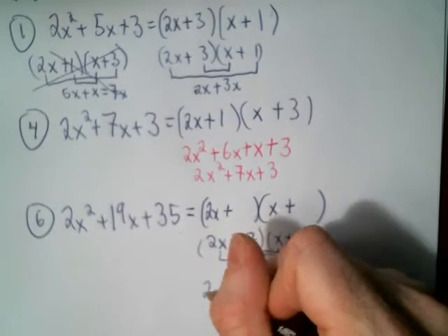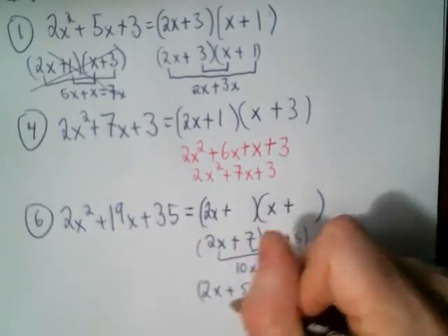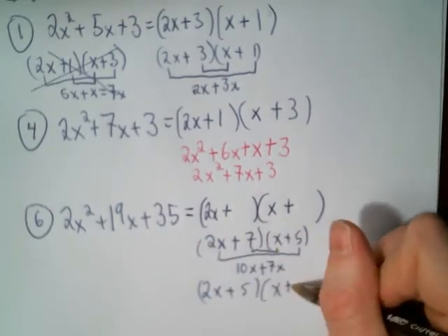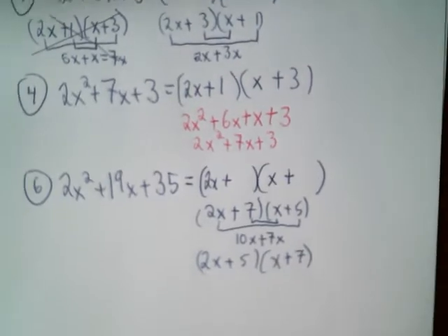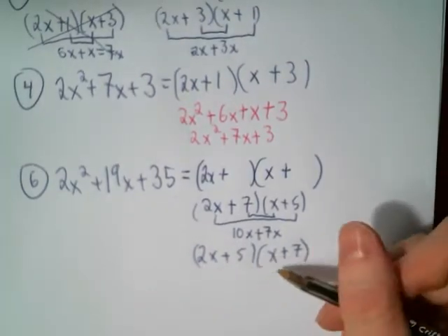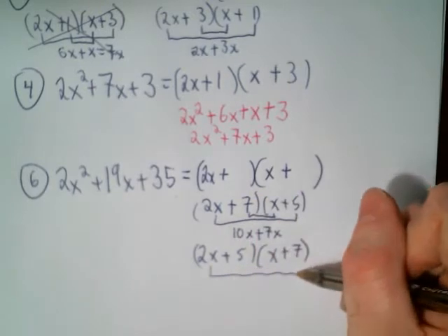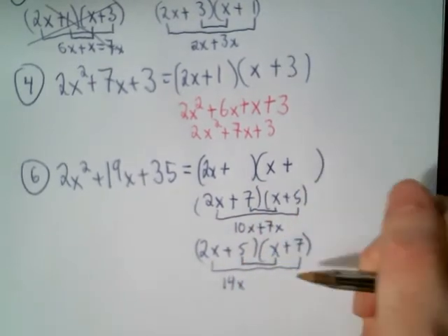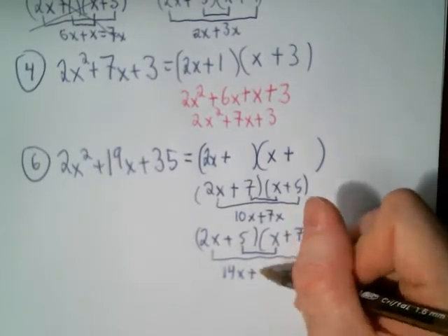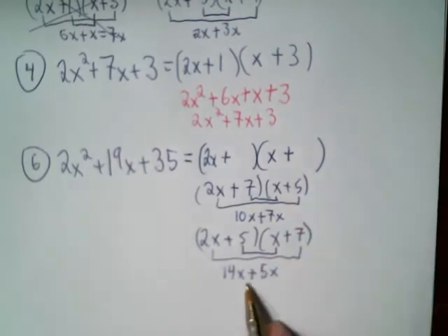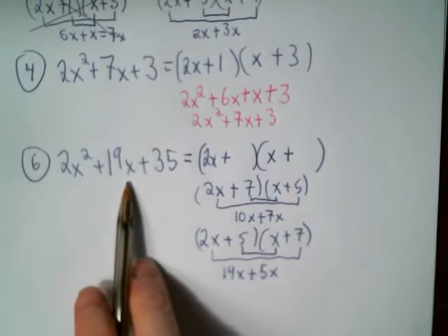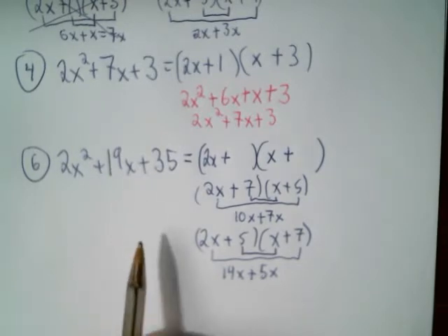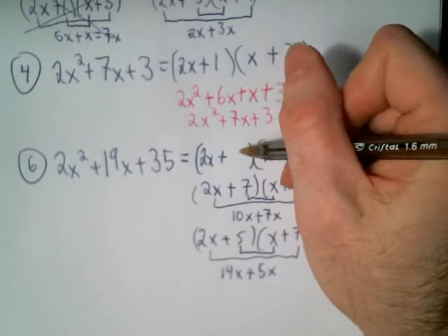So try another one, 2x plus 5, and then x plus 7. You check the outer, 2x times 7 is going to give me 14x, and then 5 times x is going to give me 5x. And then we see, oh yeah, 14x plus 5x is going to give me 19x, and that'll be the correct factorization.